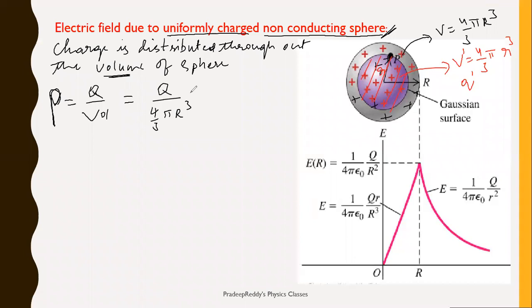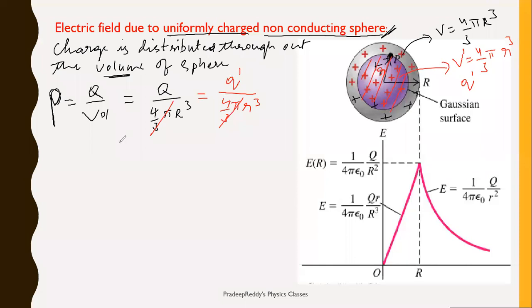Now for that particular element, you can write the charge density as Q dash divided by its volume, 4 by 3 pi into small r cube. Now 4 by 3 pi gets cancelled. What is this Q dash written as?